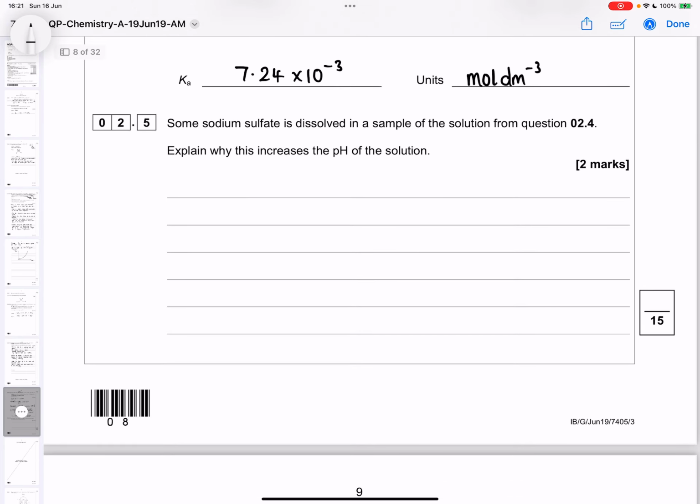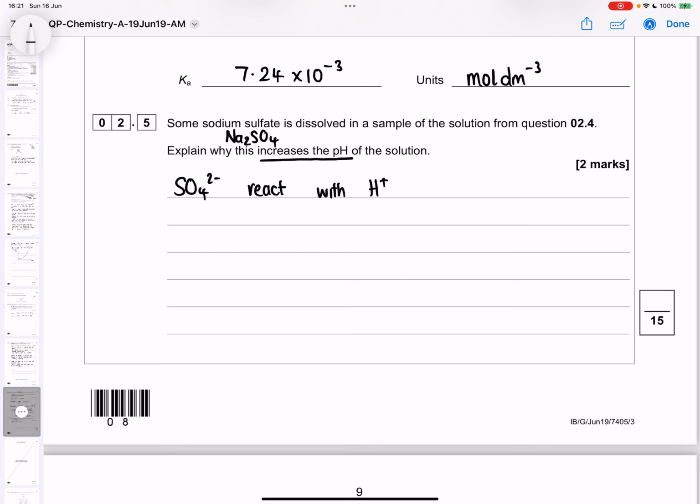Some sodium sulfate is dissolved in a sample of the solution from the previous part. Why does this increase the pH? That means it becomes less acidic. So sodium sulfate contains SO4 2- ions. The SO4 2- ions react with H plus.